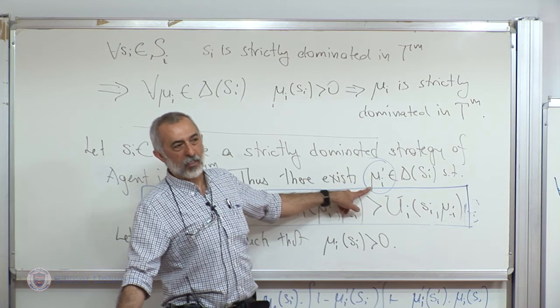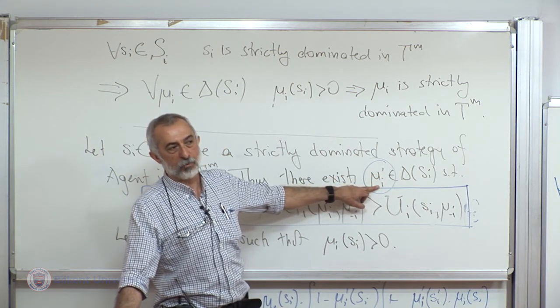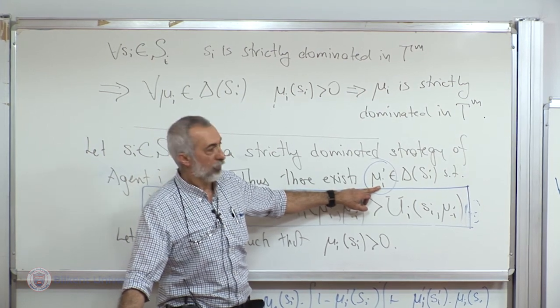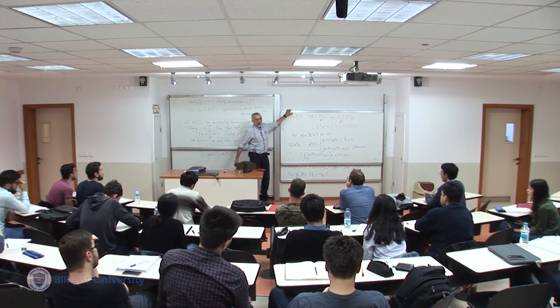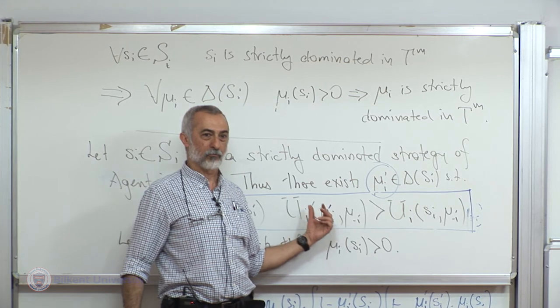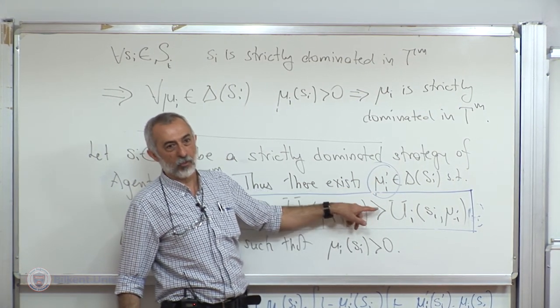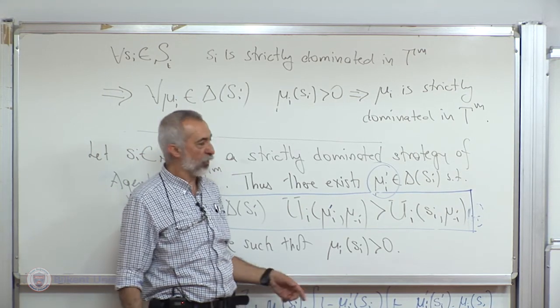But given that I already have the existence of some mixed strategy of player i, which doesn't exactly satisfy this statement from the outset, but does something very close to it, I would start with this and then work on that. So that would be my recommendation.